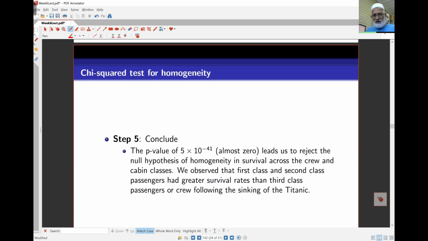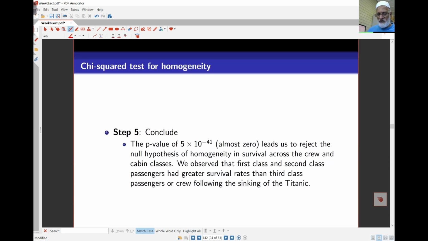Which means that because the p-value is quite small, we reject the null hypothesis. So we say that the survival probabilities are not the same for all classes of passengers. In fact, we can see that first class and second class passengers had a greater survival rate than the third class and the crew as well.